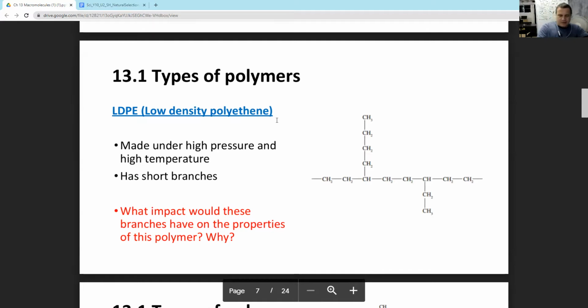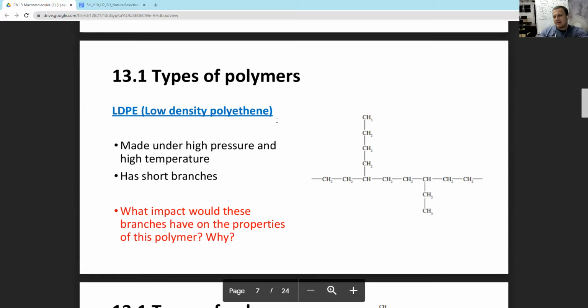Now, I want everyone to take 60 seconds. Okay, why is this called low density? That's the first thing. I want you guys to have a think. 60 seconds. Why is this called low density polyethylene?